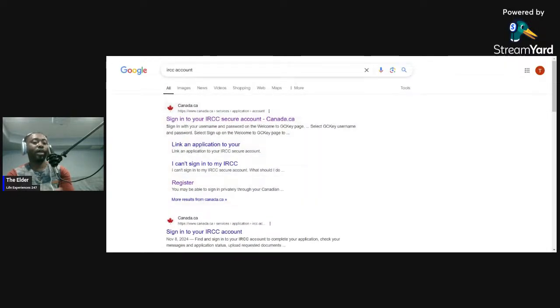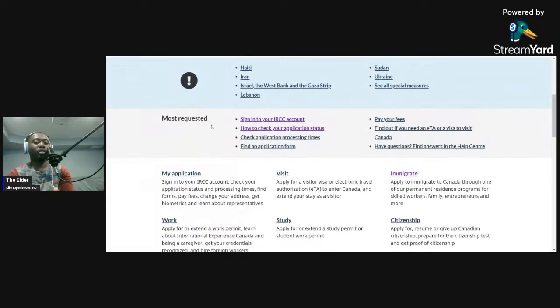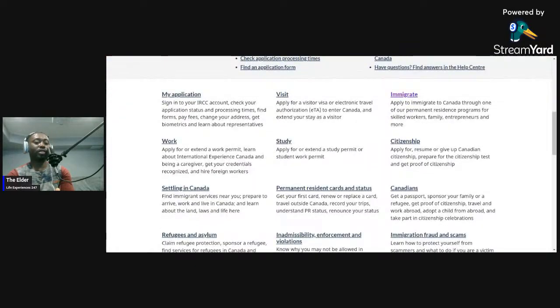I search for IRCC account, or you can just search for canada.ca, log in, go there like we did previously. You can just search for canada.ca and come to the website.